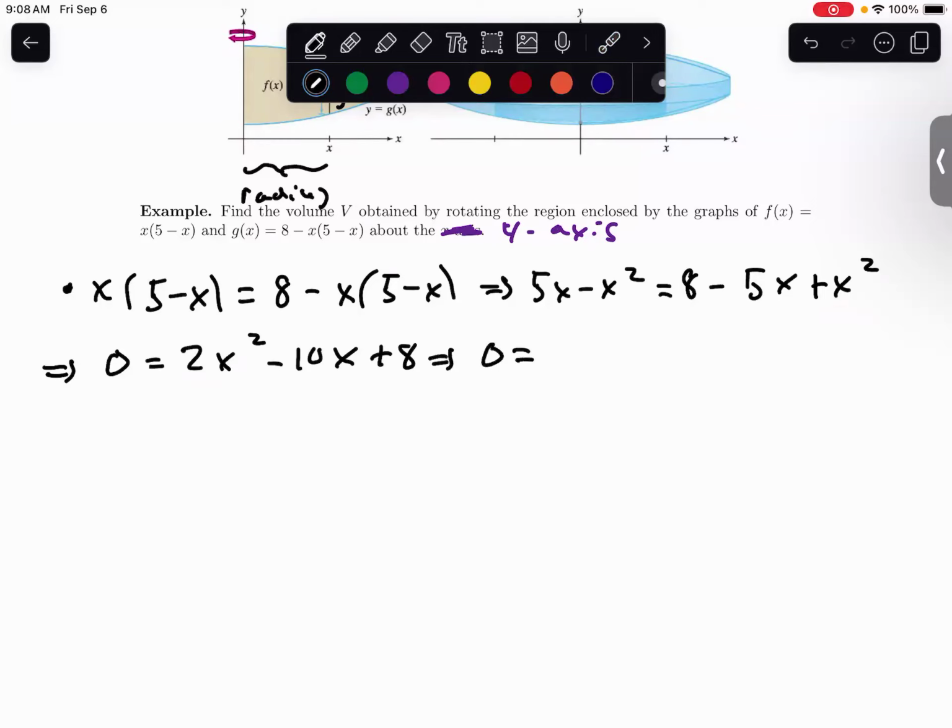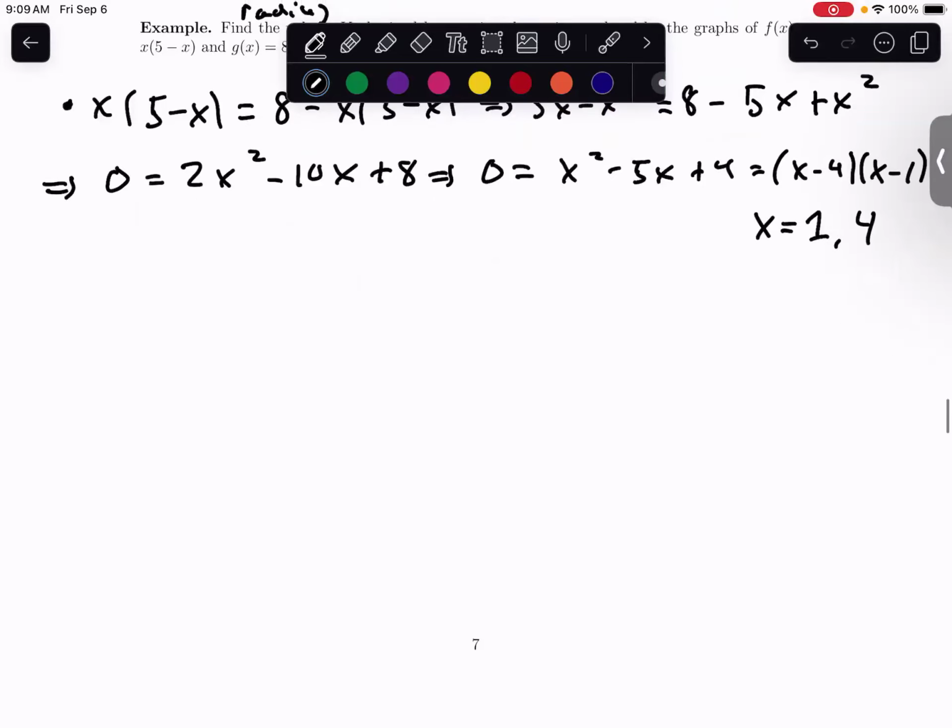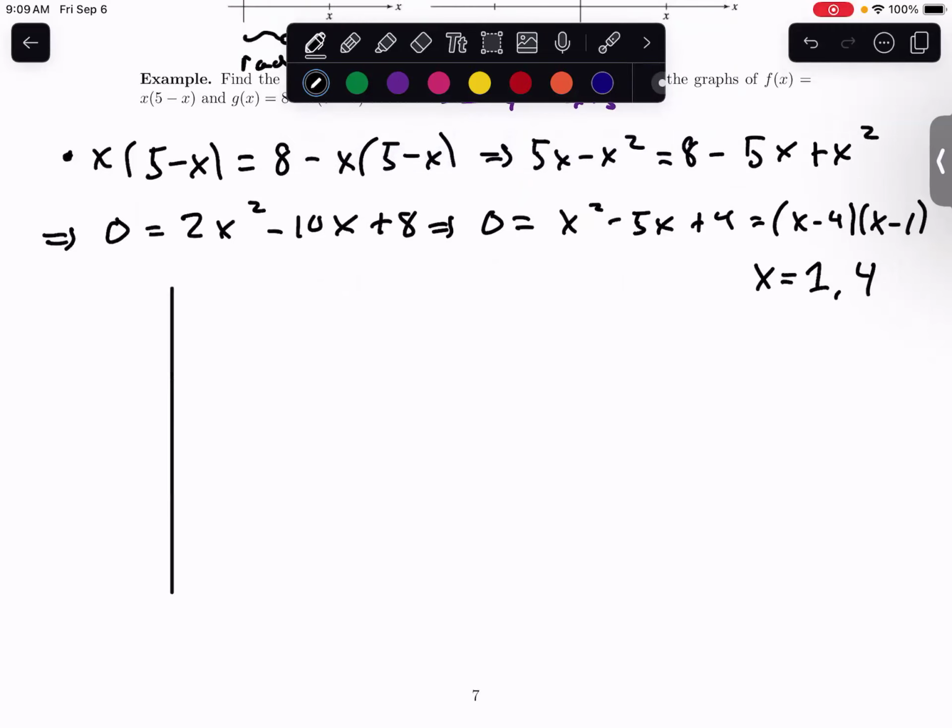So we have 0 equals x squared minus 5x plus 4, which you can then factor as (x minus 4)(x minus 1). So the two points of intersection are given by x equals 1 and x equals 4. I'm not always going to provide you with the graph, so it's important that you know how to do this. Those are going to be the two points of interest for us.